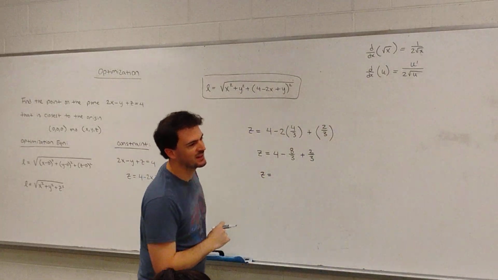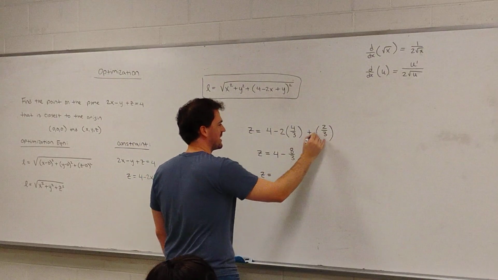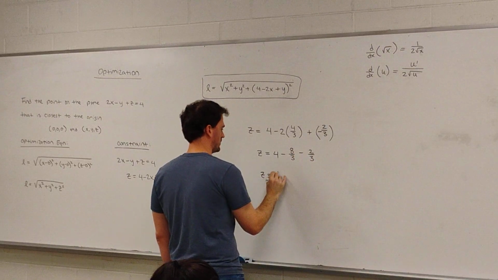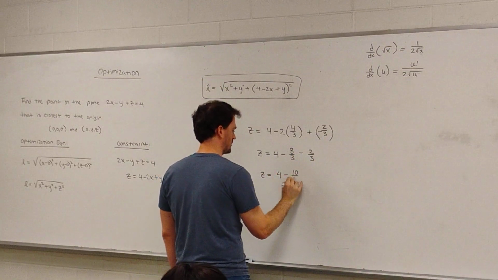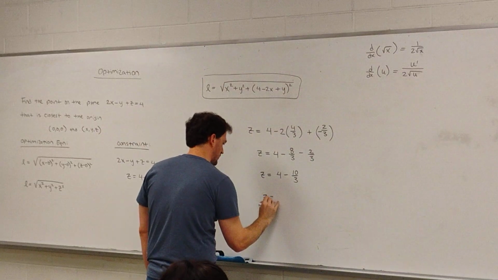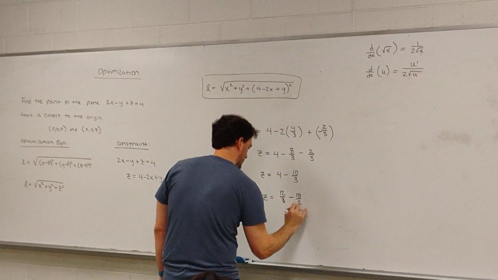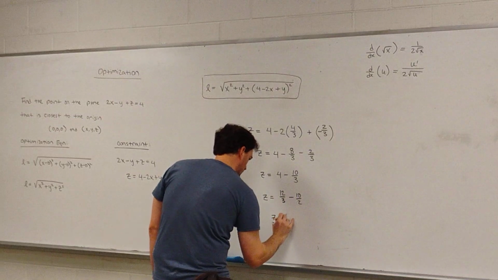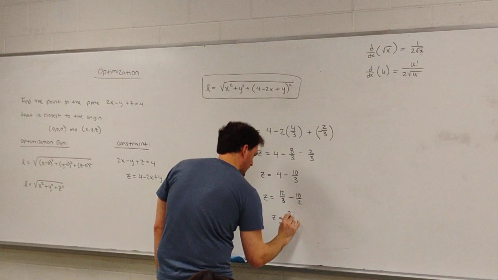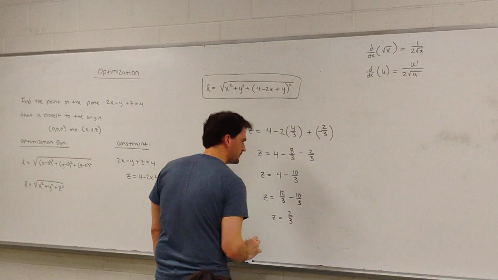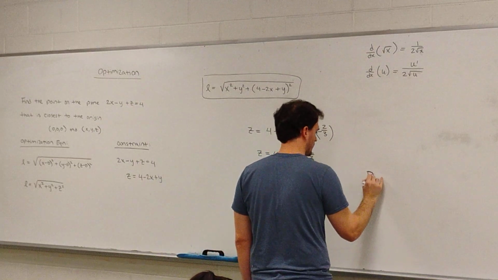Four-thirds minus 2/3 is 2/3. Two-thirds is z.